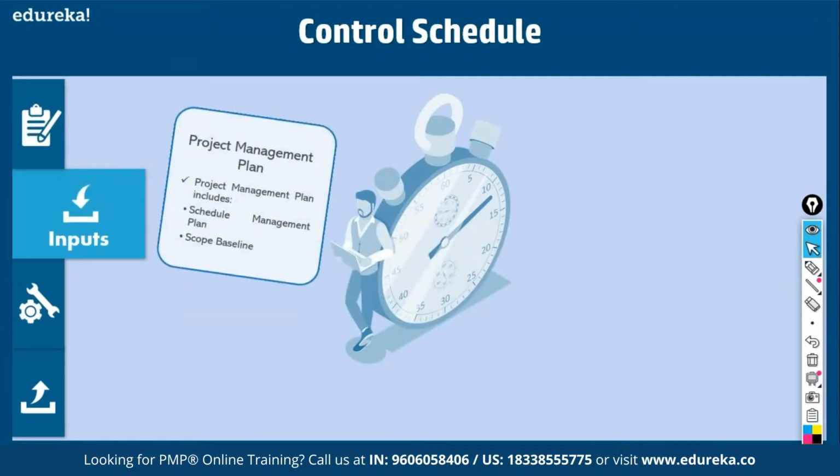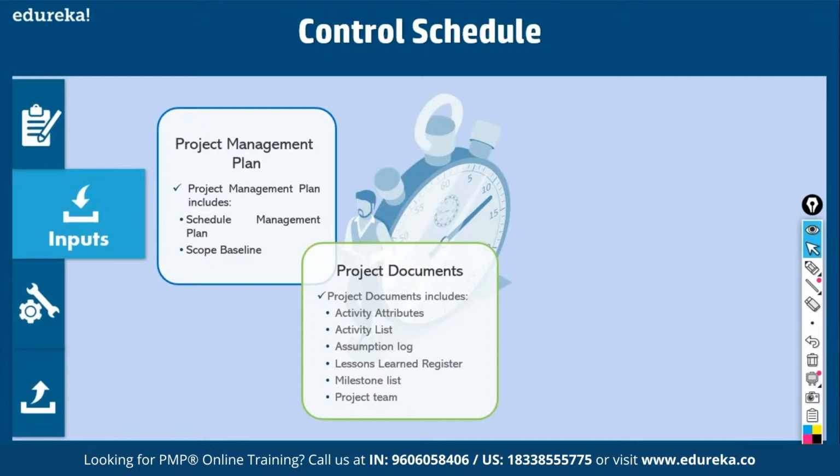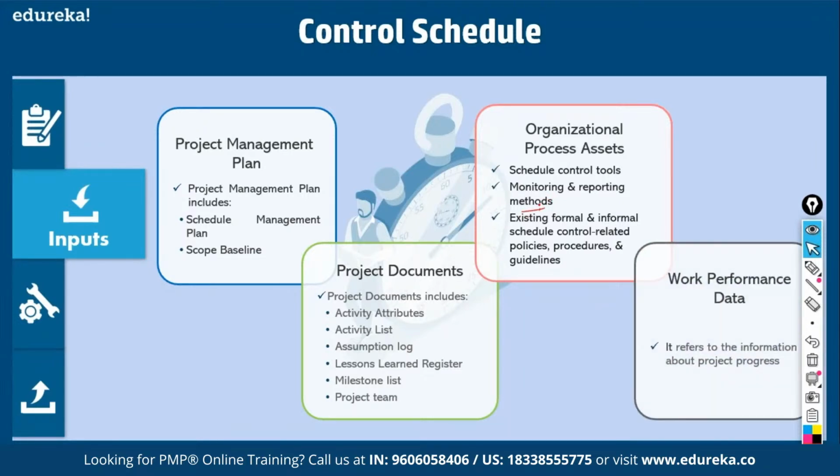Fine. So plan is an input, project documents, they are inputs, organizational process, any control tools, reporting methods are inputs. Okay. Then work performance data, which activity has started, which has not started, which has ended, right?